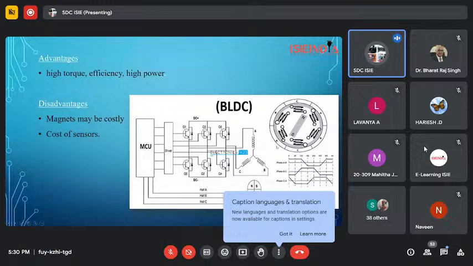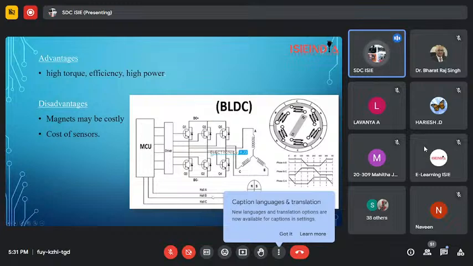And how to detect this rotor position? This Hall effect sensor will be giving signal to this microcontroller unit, and this microcontroller unit will compute the signals given by the Hall effect sensor, and it will turn on these MOSFETs accordingly. So if A sensor is activated, it will turn on this A and B phase.